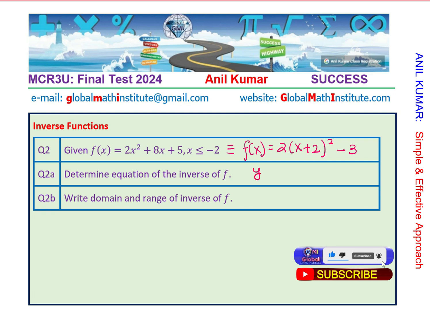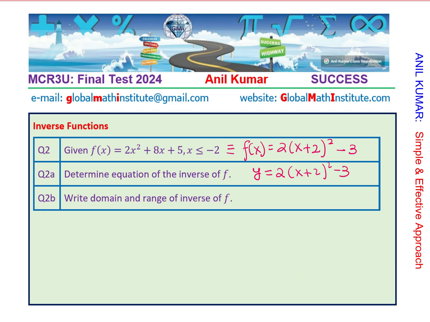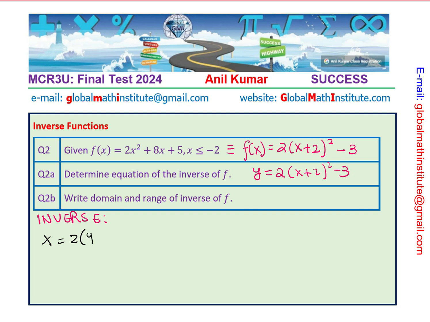This is written in the form of x and y as y equals 2 times (x plus 2) whole square minus 3. Now, how do we do the inverse? First step, swap x and y. So we'll write this as x equals 2 times (y plus 2) whole square minus 3.